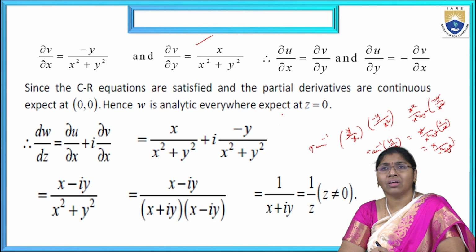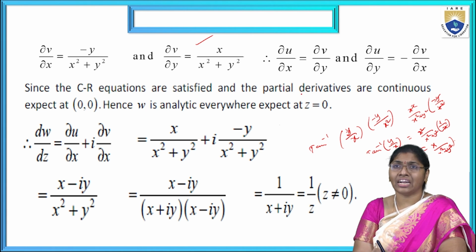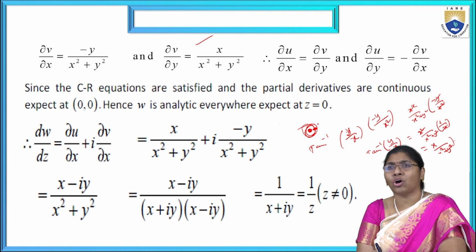Hence w is analytic everywhere except at z equals 0. If at least one point is undefined, then it is not analytic, whether inside the region or outside the region or on the boundary.